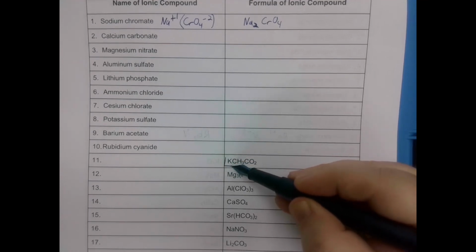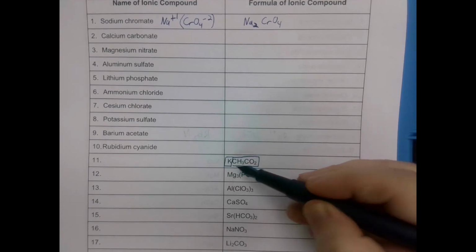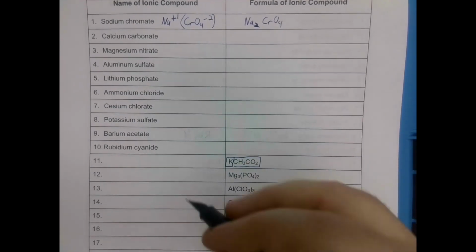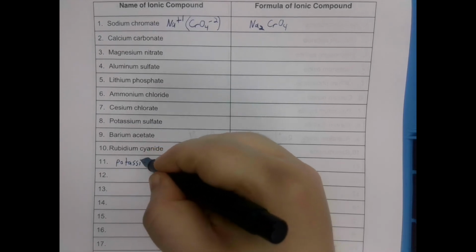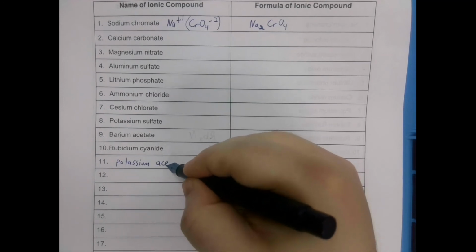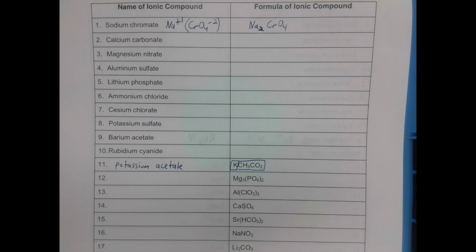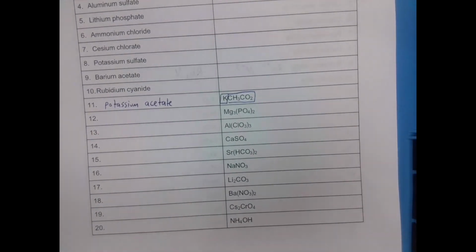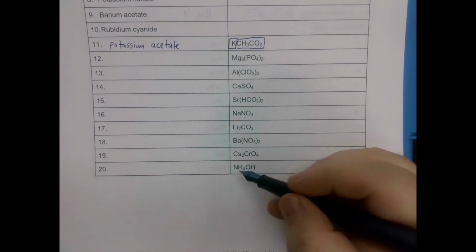The cation is the potassium and the anion is this. So what is this? Acetate. So potassium acetate.